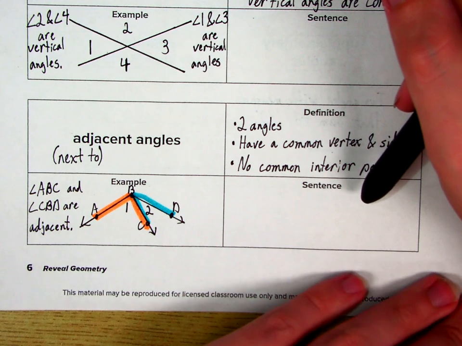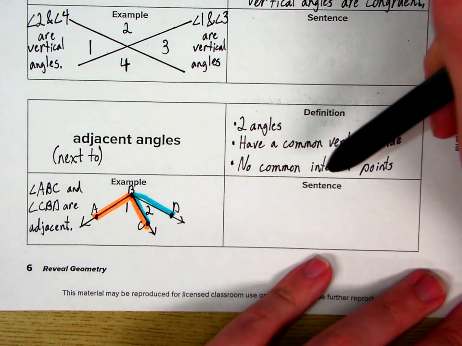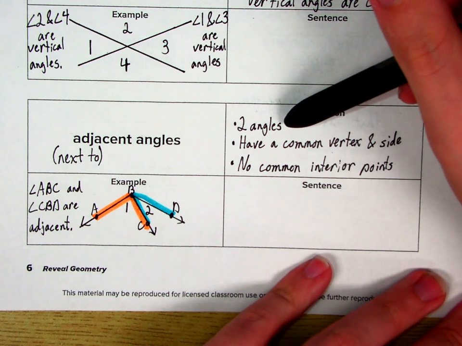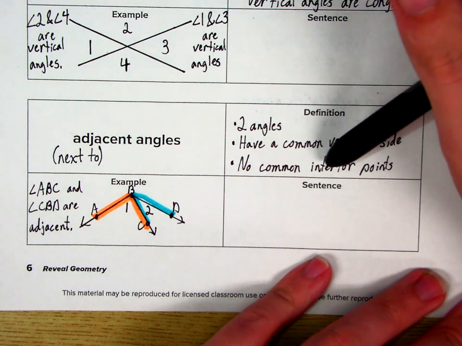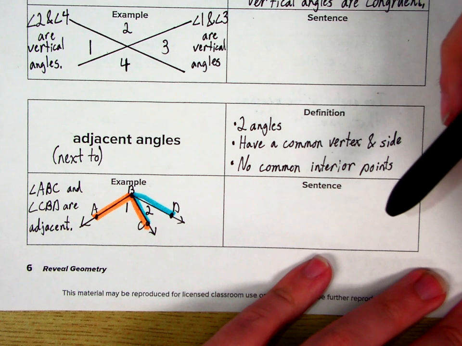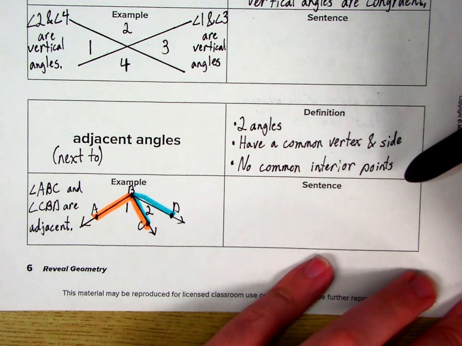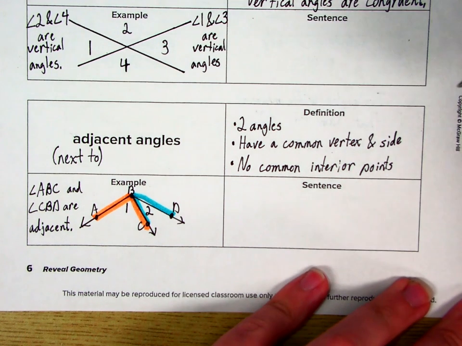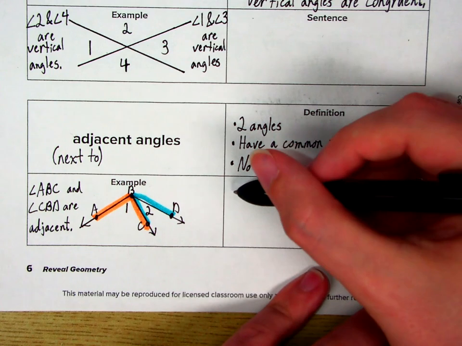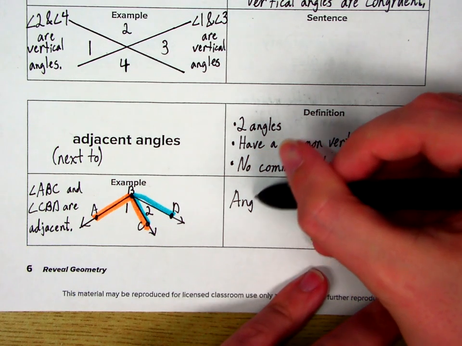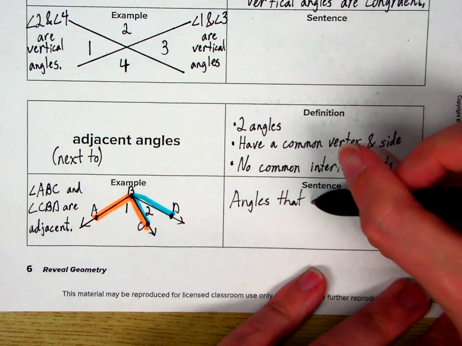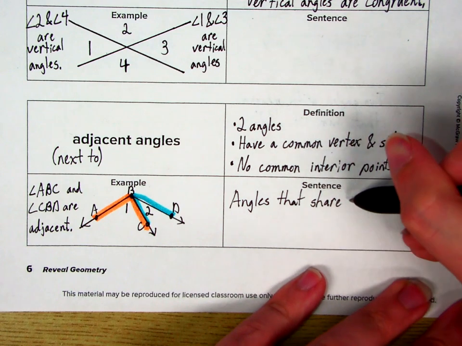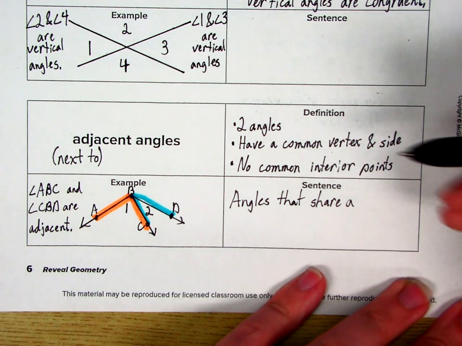We had a quick sentence here for this definition. We were focusing on the fact that it was two angles. They have a common vertex and side. There are no common interior points. That was a weird sort of statement there. What we simplified it to is two angles that share a wall, share a point, the vertex.